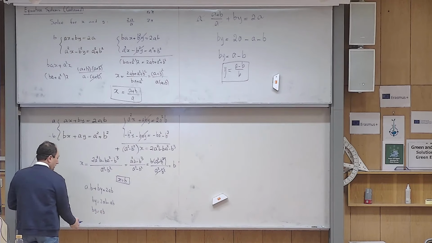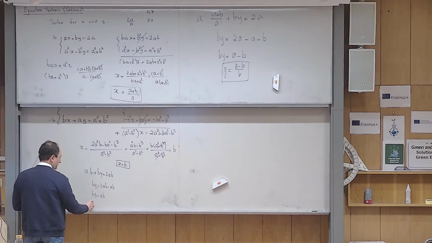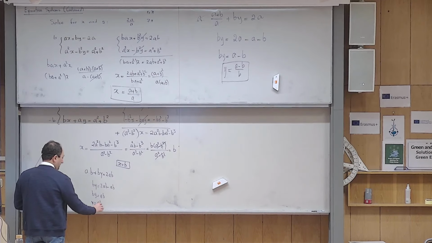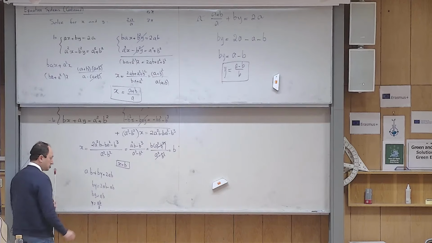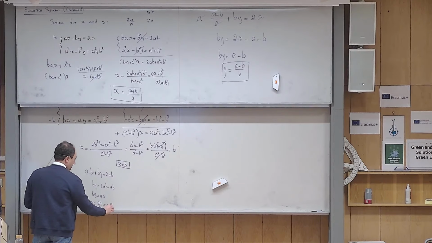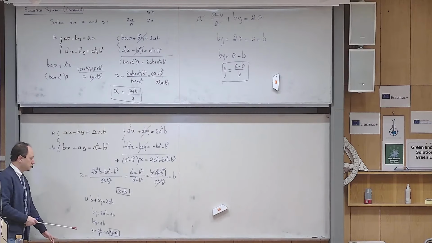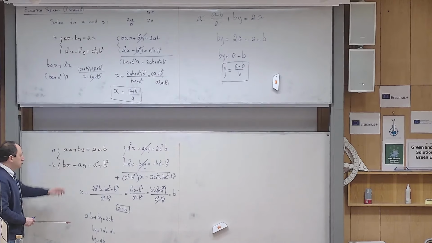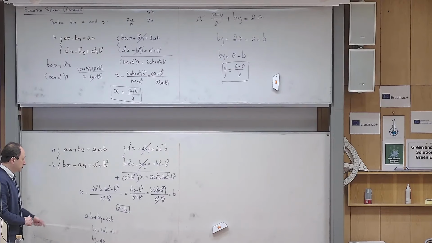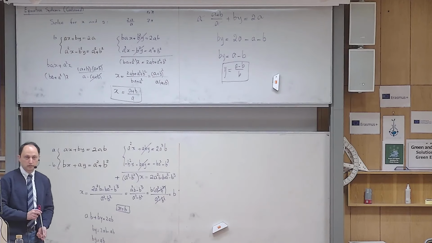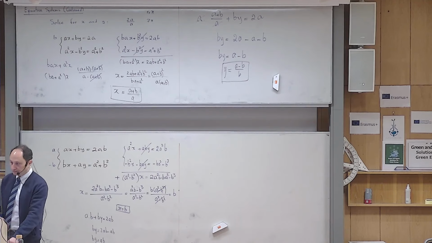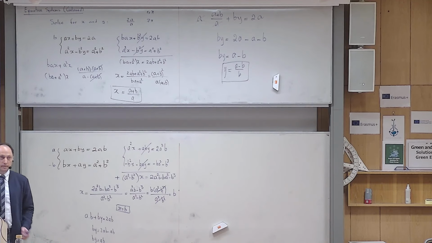But now I want to isolate y, so I divide by b. ab over b. Can I simplify it more? Yes. So the answers are extremely nice and simple. So if you do the algebra correctly, when you solve the system, you get x to be b, y to be a. Okay. Any questions? Thank you.